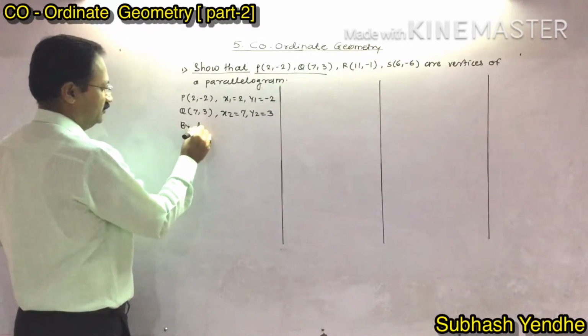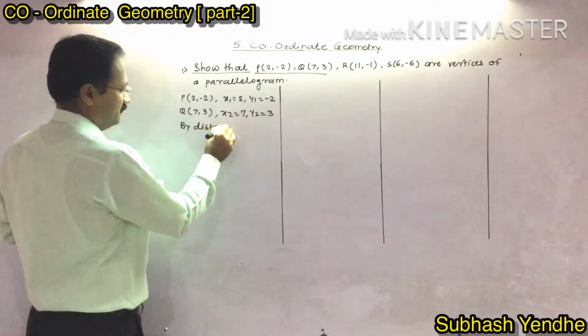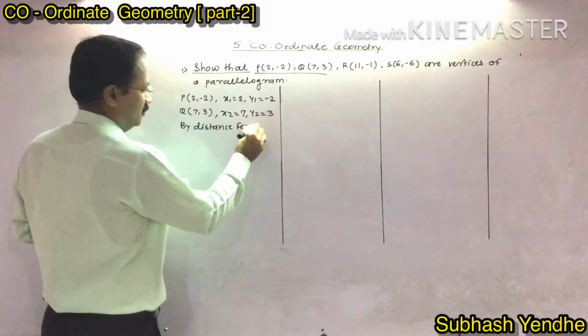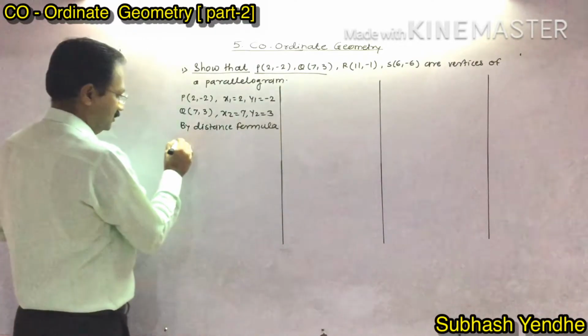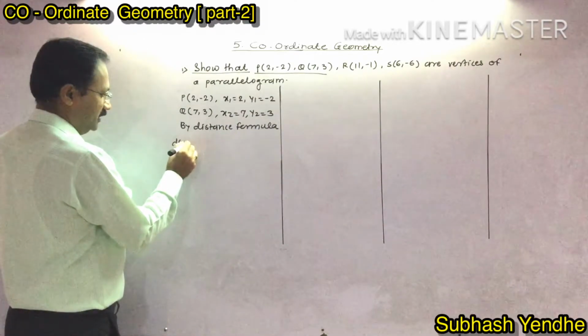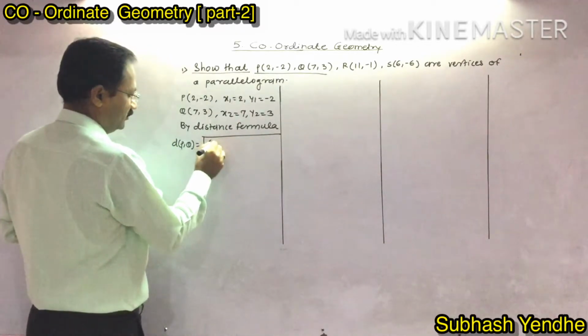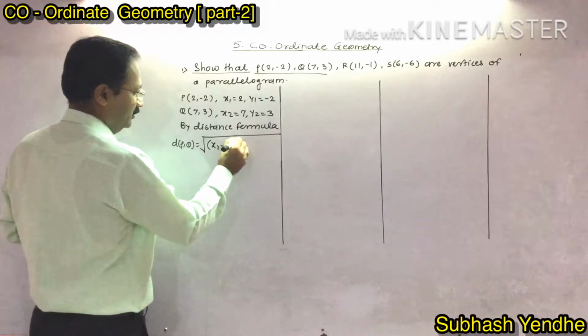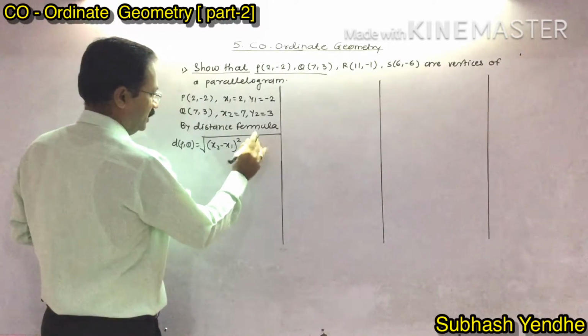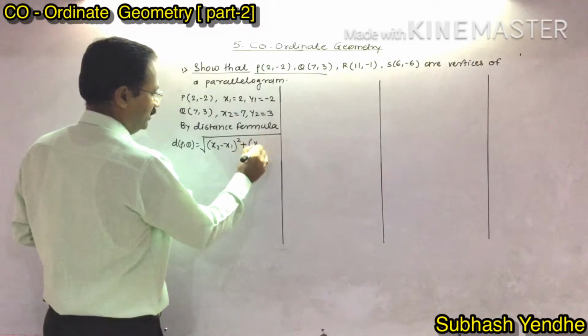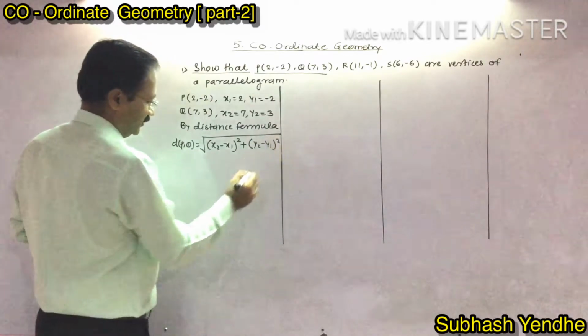By the distance formula, we get distance PQ equals under root of (x2 minus x1) bracket square plus (y2 minus y1) bracket square.